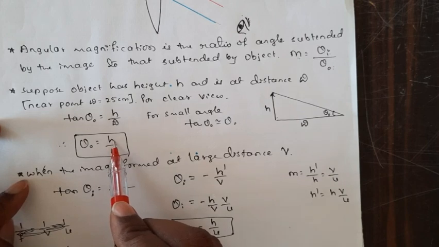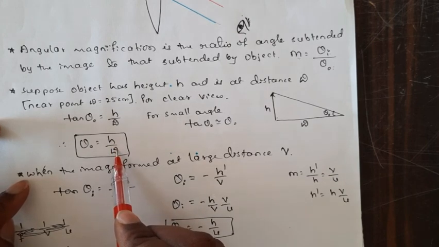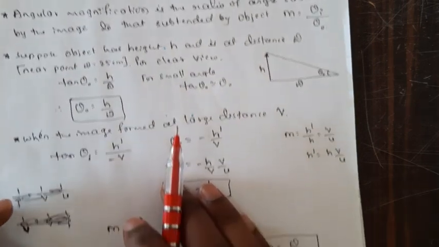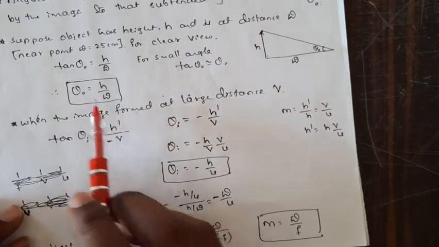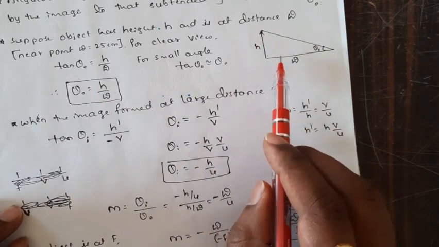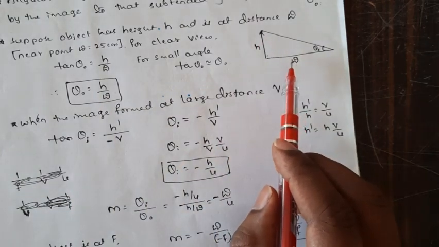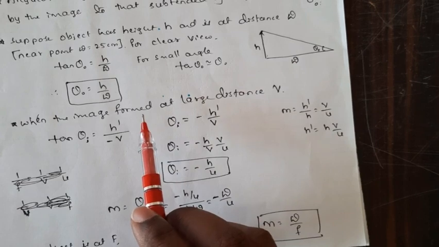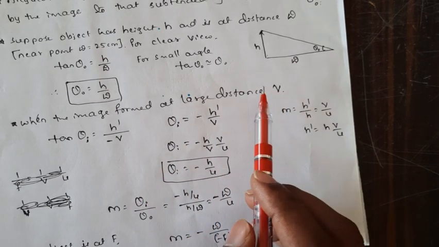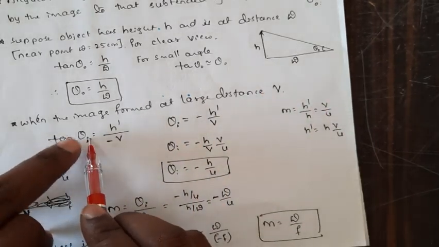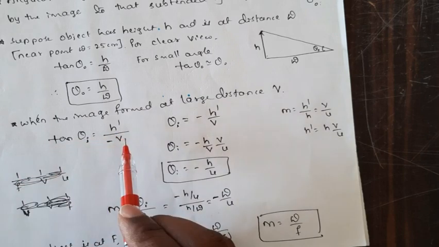Here h is the size of the object, and d is the distance of clear view, or you can say the near point. Now the object appears clearly at distance d, and we are getting its image at a large distance v. So tan theta I is equal to h dash divided by minus v.